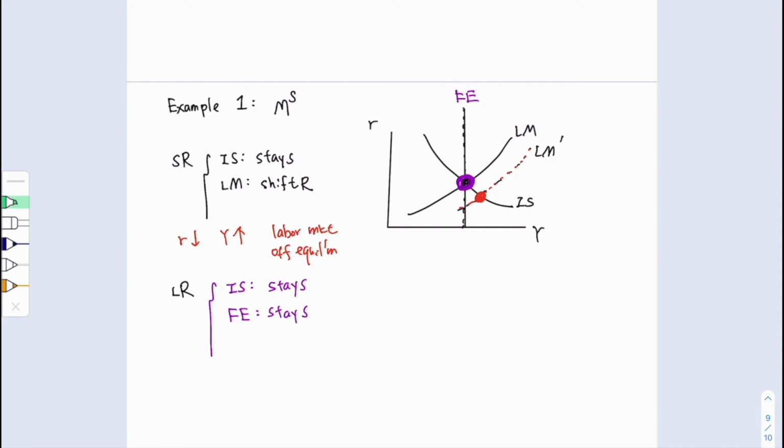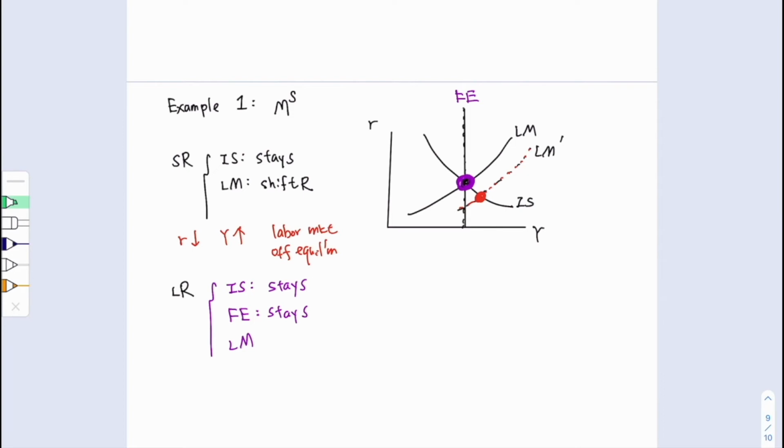But then what happens to the LM curve? We know that in the long run, all the markets need to be in equilibrium. The IS curve stays, the full employment line stays, so the intersection is already determined by the full employment line and the IS curve.